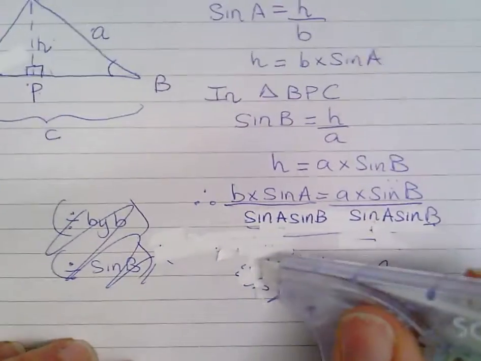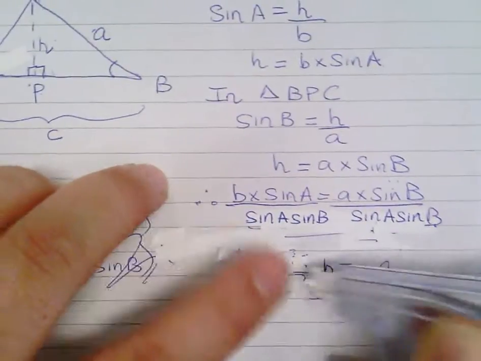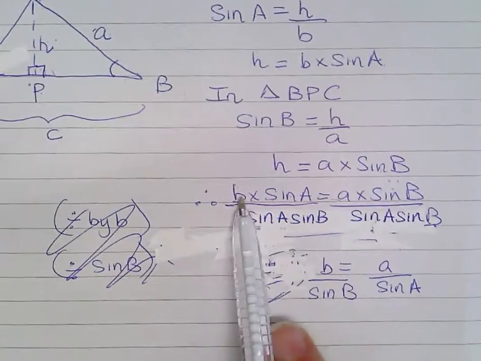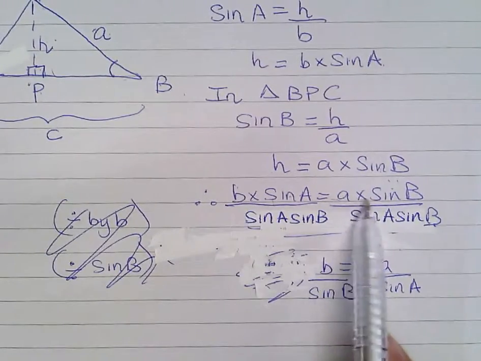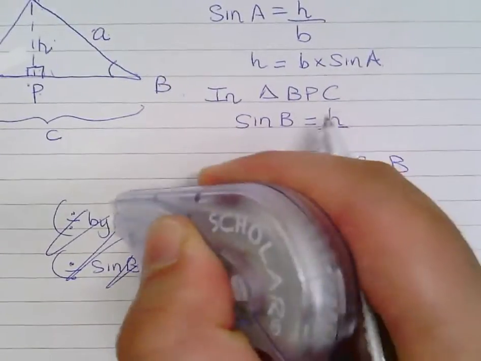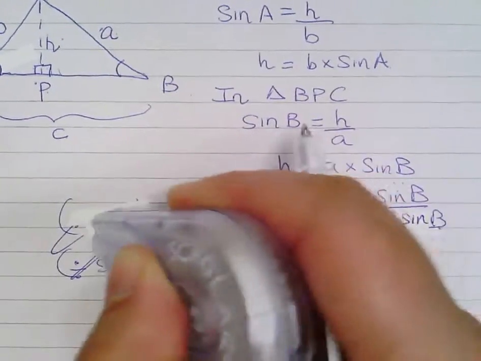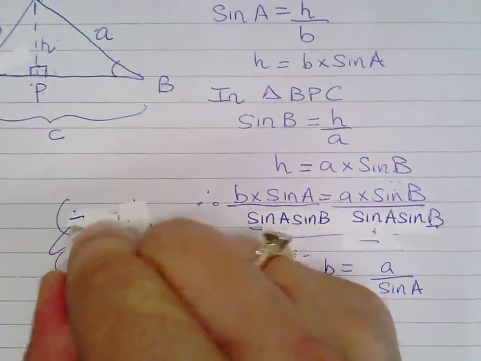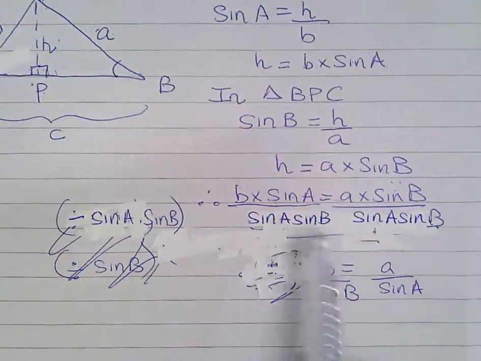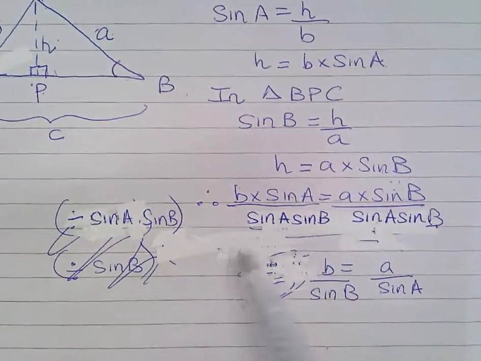Okay, so I've got this expression, b times sine a equals a times sine b. What I did was divide both sides by sine a times sine b. And the sine a's cancelled.